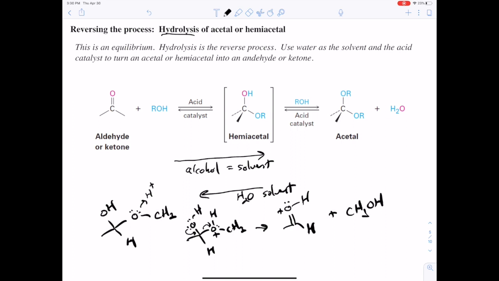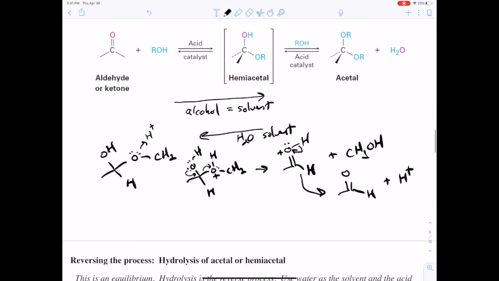And then regenerate H+, because that was a catalyst. So to do a hydrolysis, you take your hemiacetal, add lots of water and an acid catalyst, and you shift the equilibrium back.